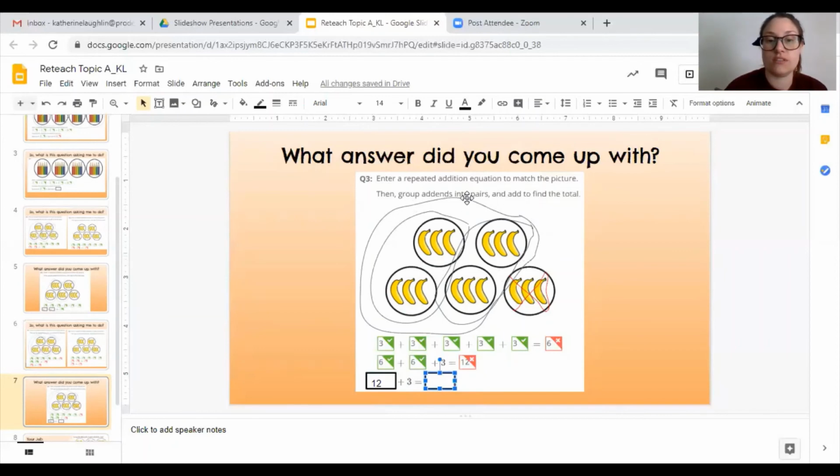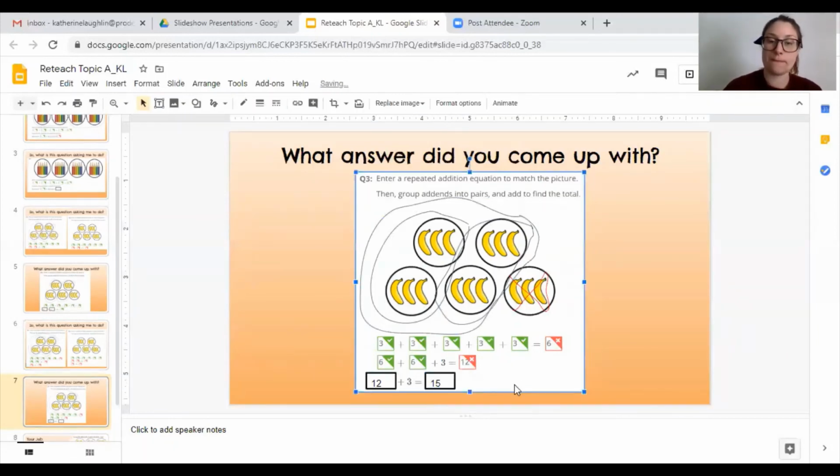These groups of bananas make 12 plus 3 more is, yep, 15. So second grade, your answers should match, your total should match each time. That number of bananas is not changing. What is changing is how you group them.